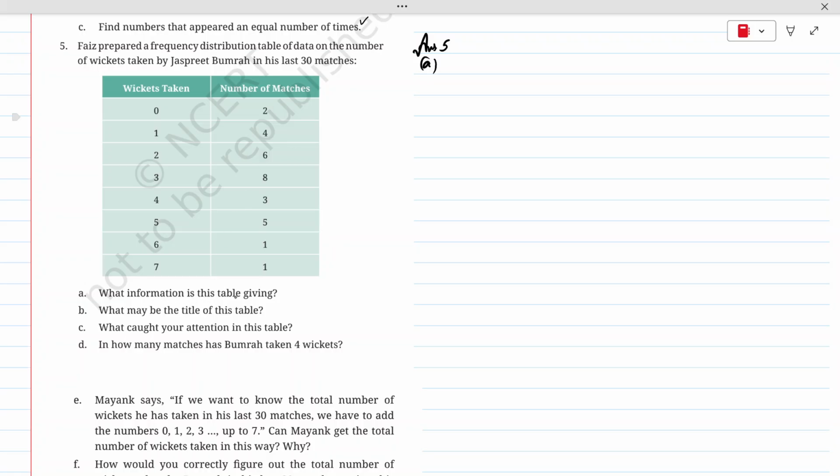What information is this table giving? So, this table is giving us the information that how many wickets are taken by Jasprit Bumrah in his matches.